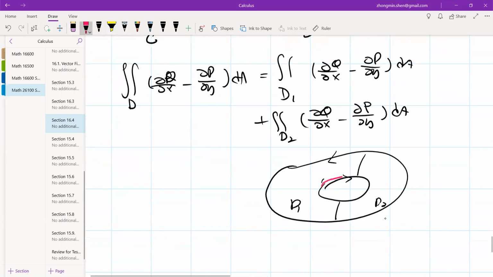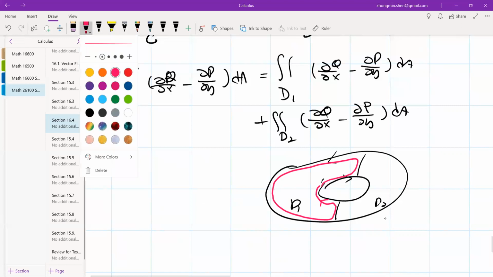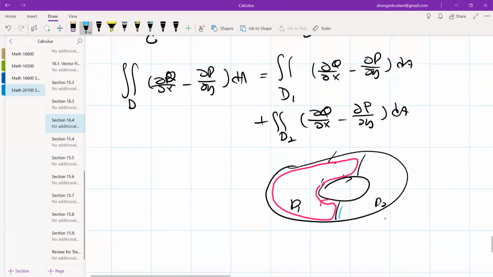You can consider these pieces. And another one will be going this way, right? So I can apply Green's theorem to both regions, okay? Green's theorem to both regions.